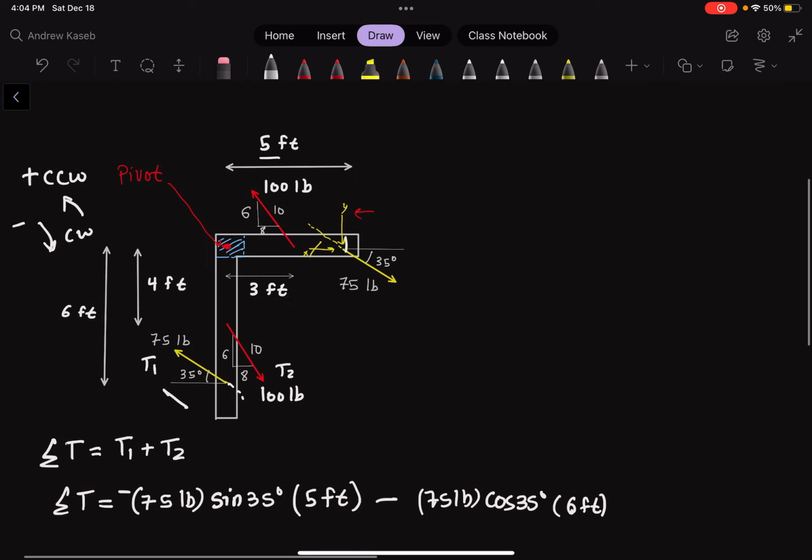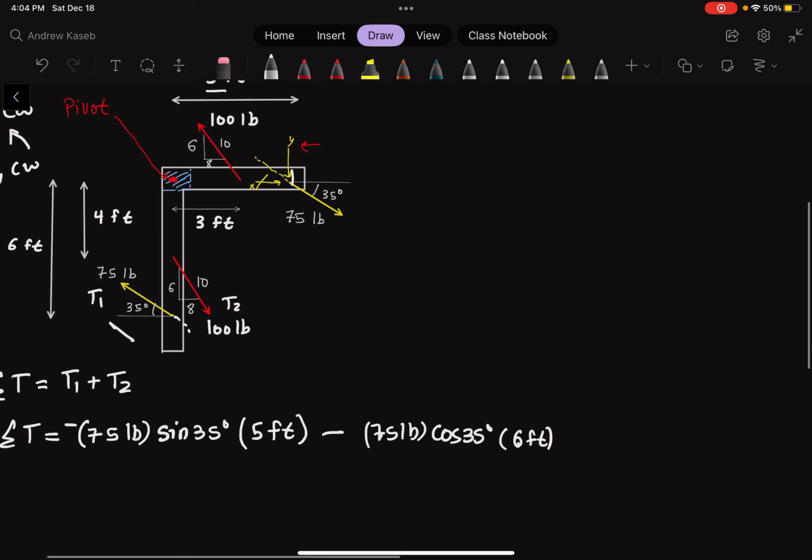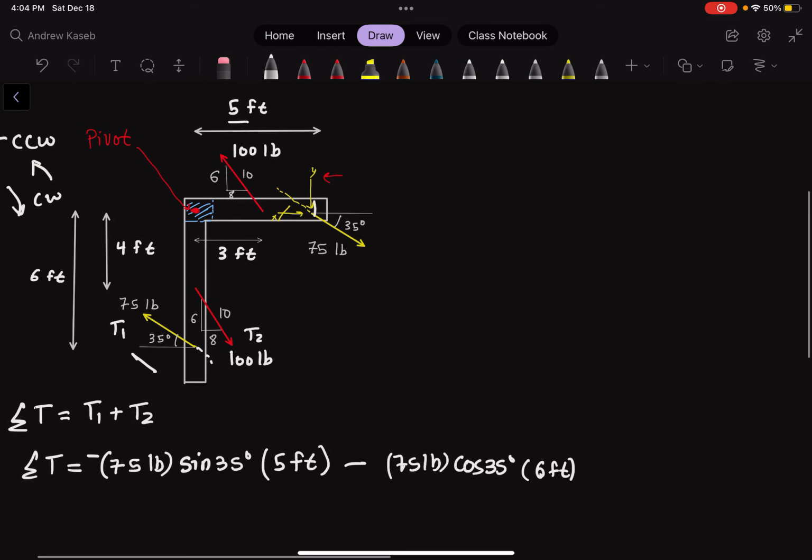So again, you can make clockwise your positive or negative, it doesn't matter. At the end, you will get the magnitude, but if you chose the wrong direction, you would just get a negative sign. So you would know that the rotation is going to be in the opposite direction that you originally chose as positive. So now, we're done with the yellow forces, now let's go to the red forces.